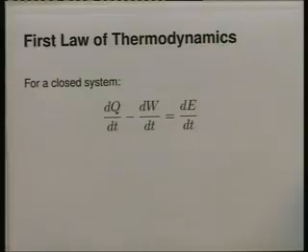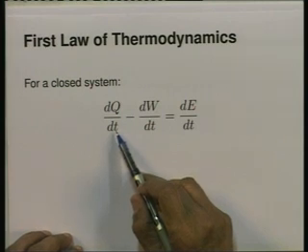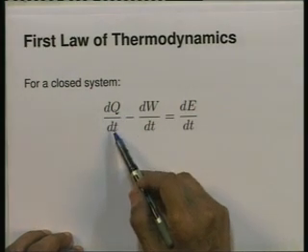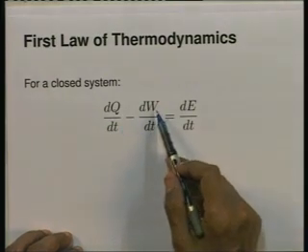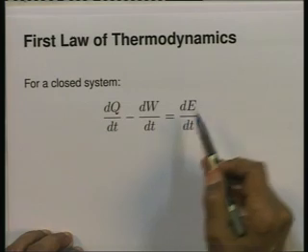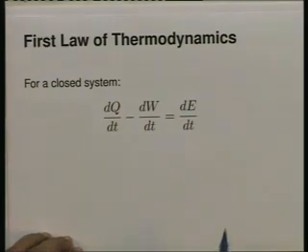For a closed system, the first law says the rate at which heat enters the system dQ/dt minus the rate at which work is done by the system dW/dt is equal to dE/dt, where E stands for the energy of the system. By energy we mean the energy associated with internal energy, kinetic energy and potential energy.